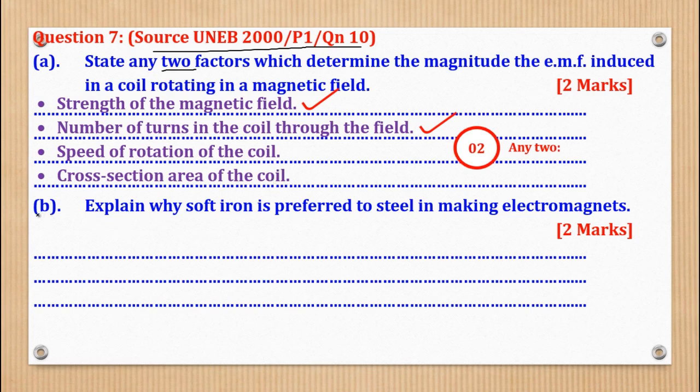Now let's go to part B. Part B says that explain why soft iron is preferred to steel in making electromagnets.